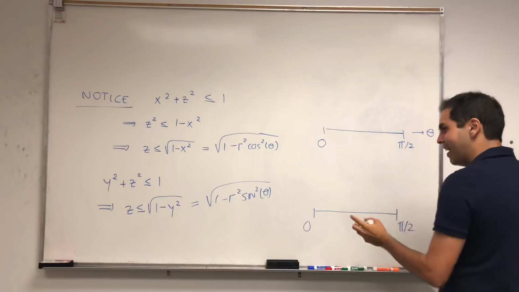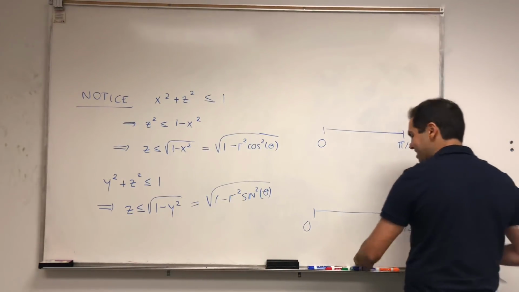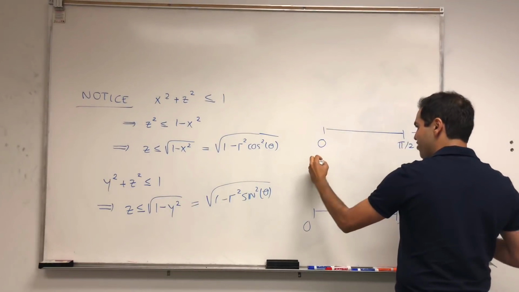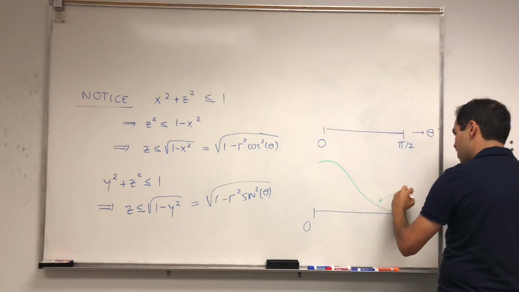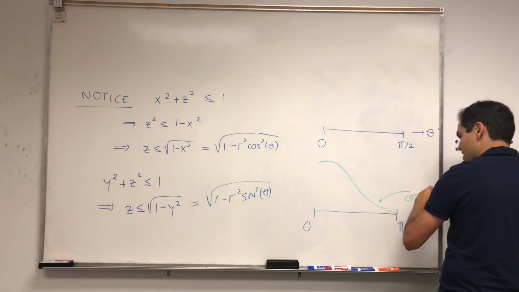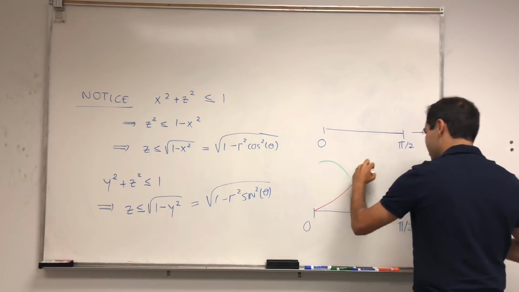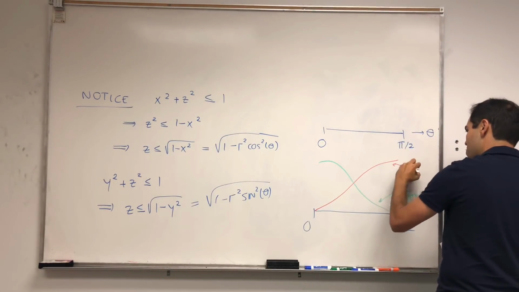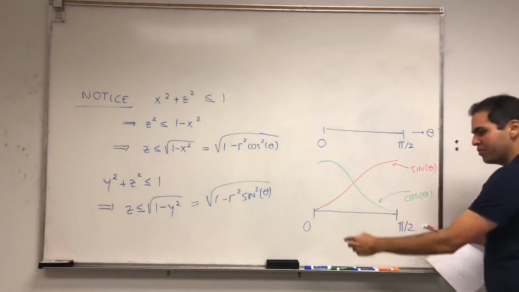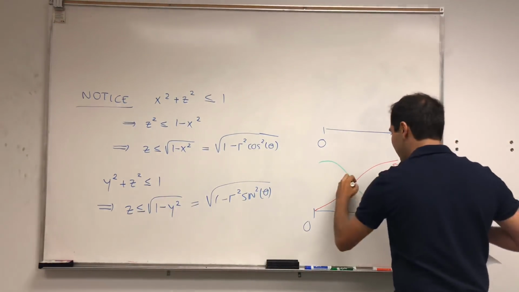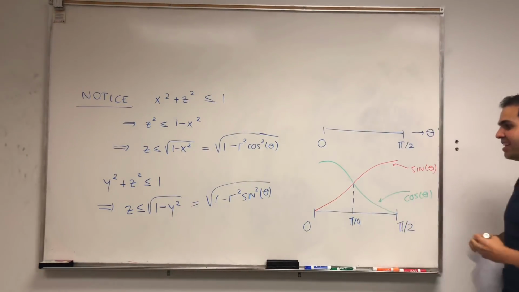I'd like to remind you that at some point, cosine is bigger than sine. If you draw cosine, the graph looks something like that, and sine looks something like that, going from 0 to this. In particular, there is a turning point here: at pi over 4, cosine equals sine.